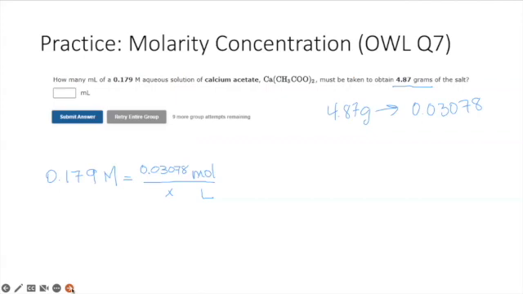This is probably a little bit easier thinking wise, but you have to be careful with problems like this with X on the bottom. So if we multiply by X on both sides, that gets rid of our X on this side, but we now have X on this side. To get X by itself, divide by this.